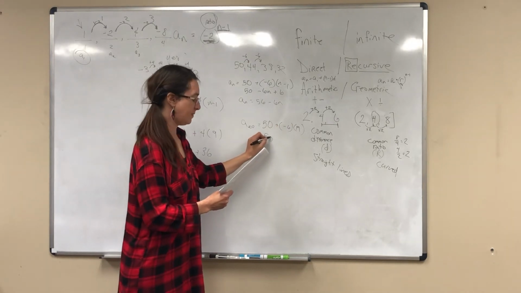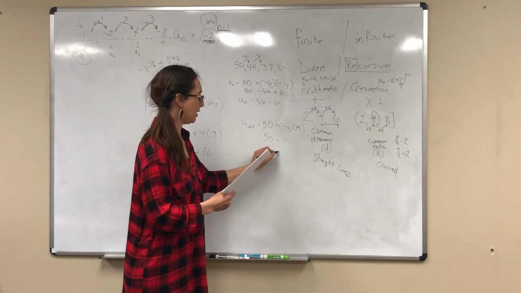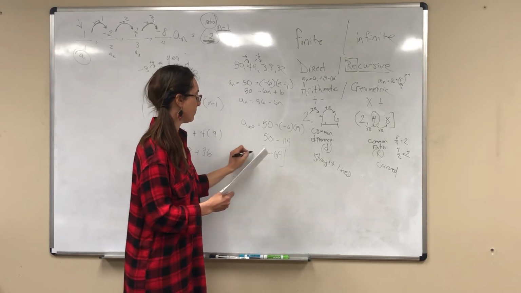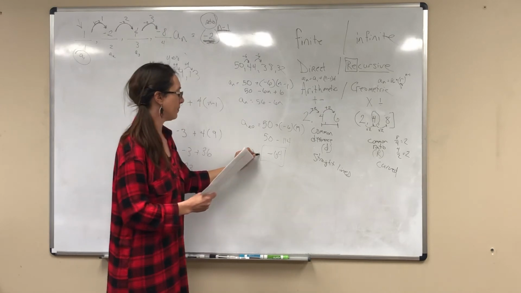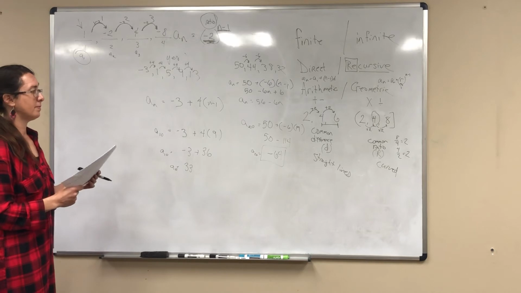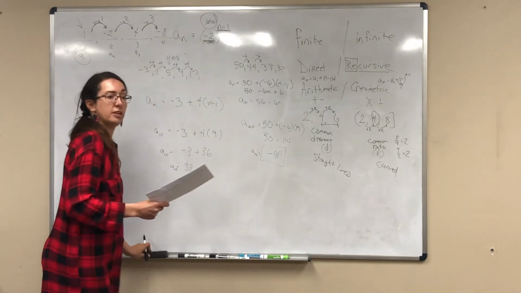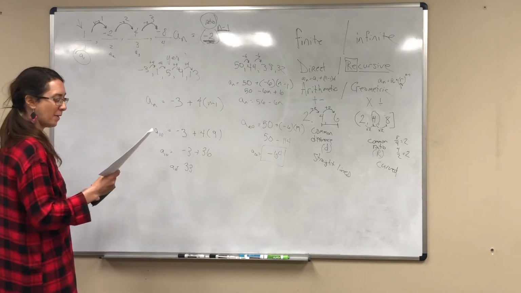So I have 50 minus 114, which equals -64. Right? Is it making sense? Not quite as confusing as it possibly could be.